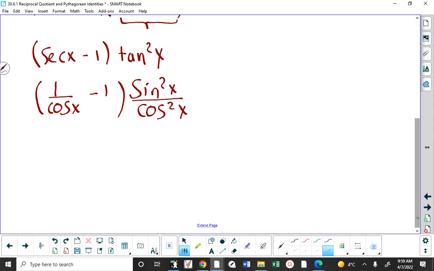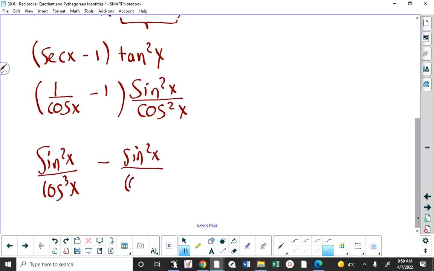If I multiply this through, I'm going to get sine squared of x over cos cubed of x minus sine squared of x over cos squared of x.